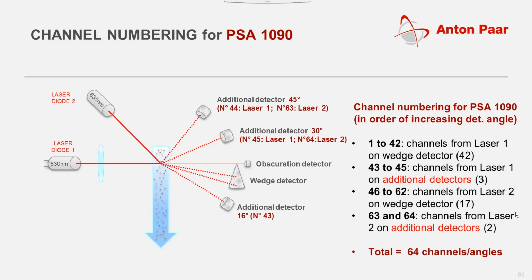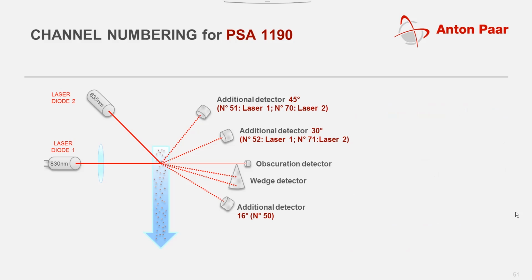The additional detector at 45 degrees has number 44 when it detects signal for laser 1, and has number 63 when it detects signal for laser 2. The one at 30 degrees has number 45 when it counts for laser 1 and 64 for laser 2. For this reason, in the PSA 1090, we count 64 channels or angles.